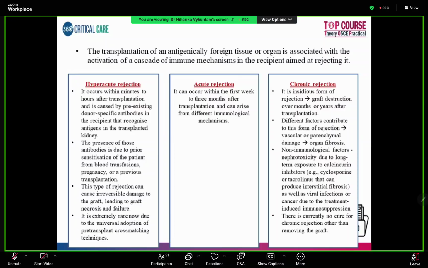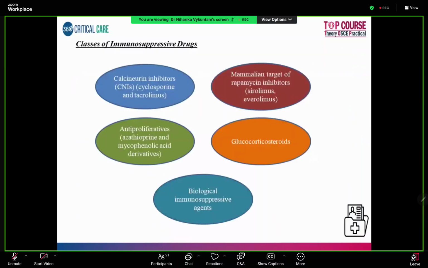The major contributors could be mainly non-immunological factors, especially nephrotoxicity due to long-term exposure to calcineurin inhibitors, or viral infections or cancer due to treatment induced immunosuppression. Basically, it is because of the complications of the immunosuppression which we give to the patient. There is currently no cure for chronic rejection other than removing the graft. So this is about the different types of rejections.